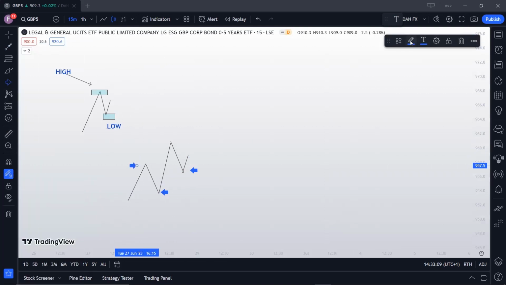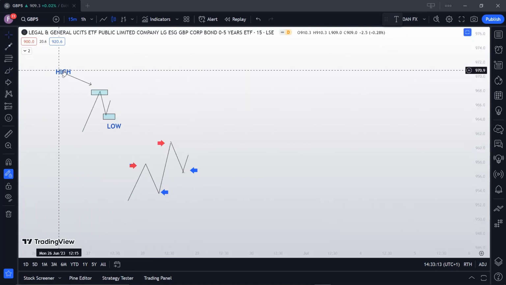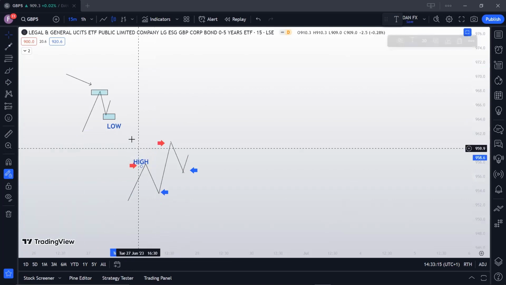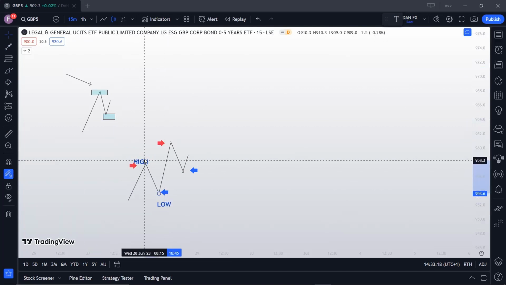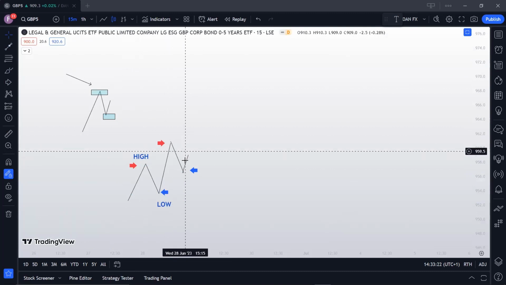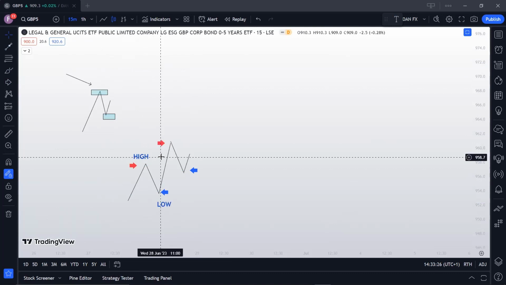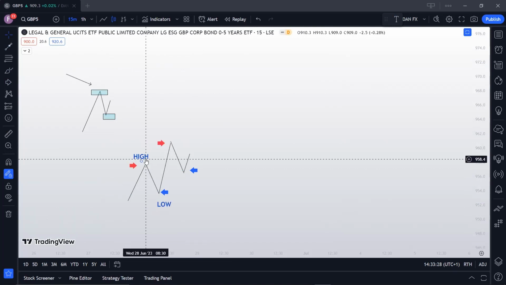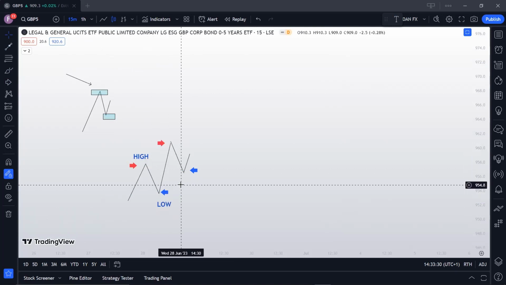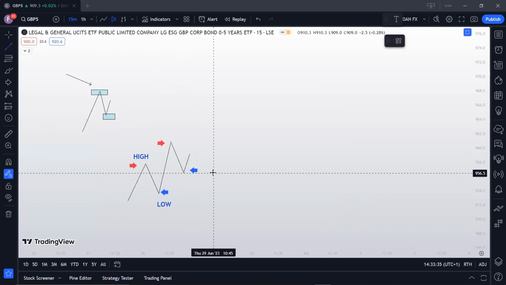Let me change the color of this to red. So this is the low, this is the high, and this is the low. Now a combination of these highs and lows makes up a trending market. So the higher the market goes, that's the higher highs, the higher lows, right? So if you're having higher highs and higher lows, that means that is an uptrend.